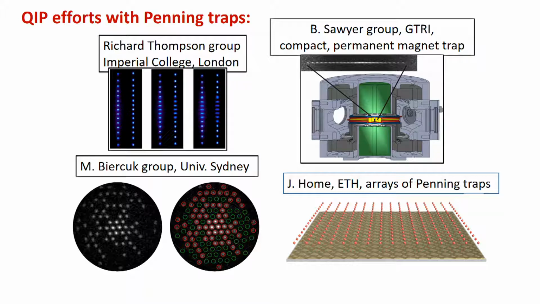Brian Sawyer has a nice compact permanent magnet setup, so it's a lot smaller than this large magnet that I just showed you. And Jonathan briefly mentioned in his talk on Monday that he's starting a project on arrays of penning traps. This is a very novel project, and I'll be looking forward to seeing how this works out over the next couple of years.